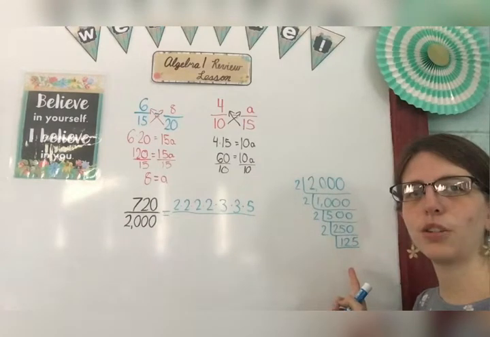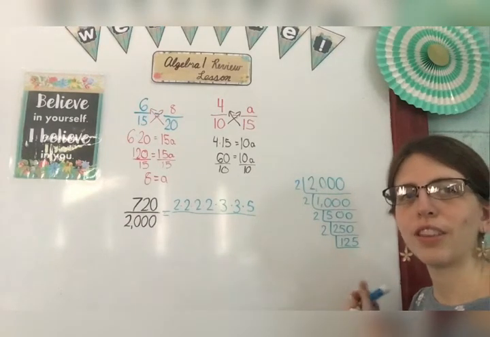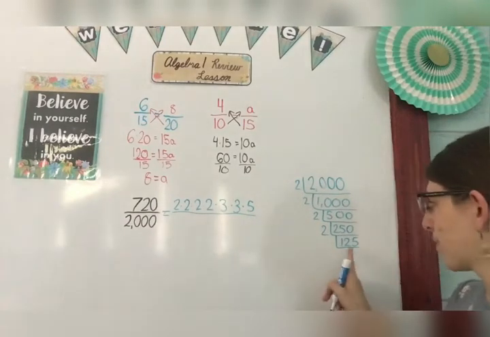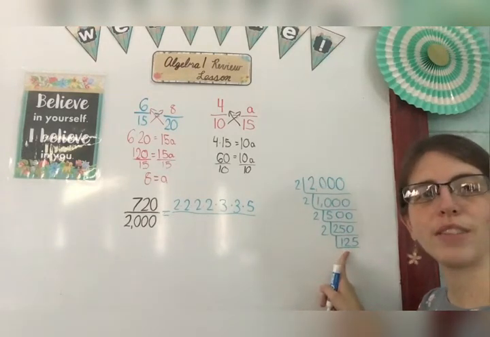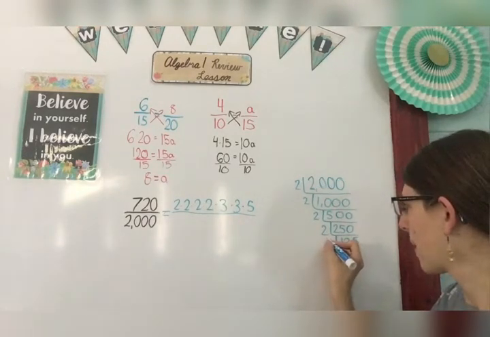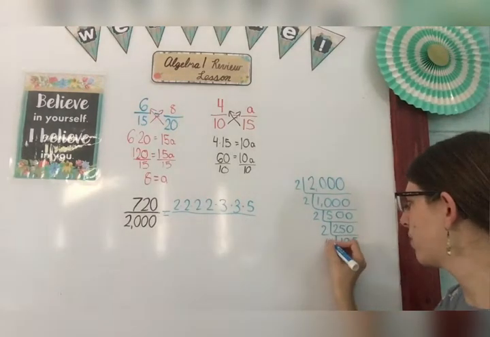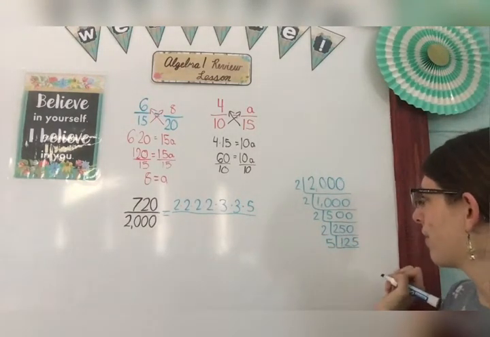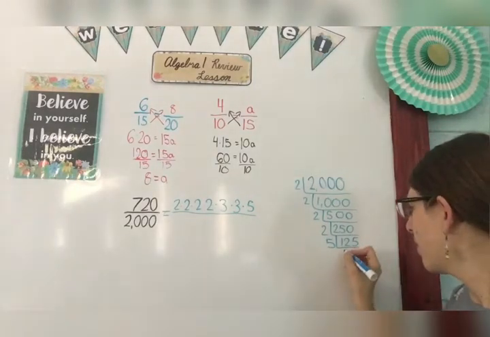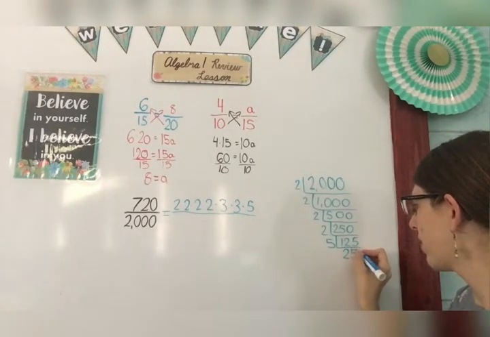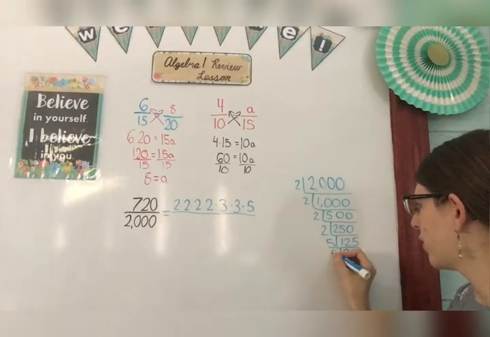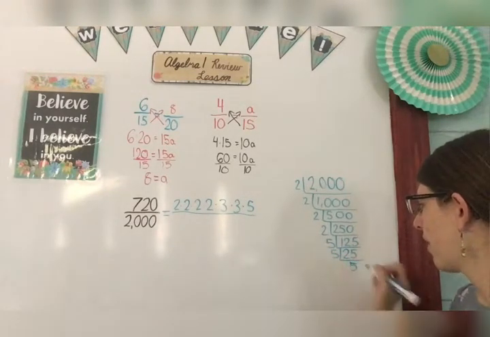I can't divide 2 into 125, so I go to the next prime number. The next prime number that's divisible into 125 is, sorry, not 3, pardon, 5. Try that again. 5. 5 into 125 is 25. 5 into 25 is 5.